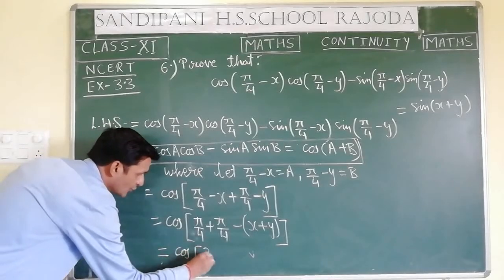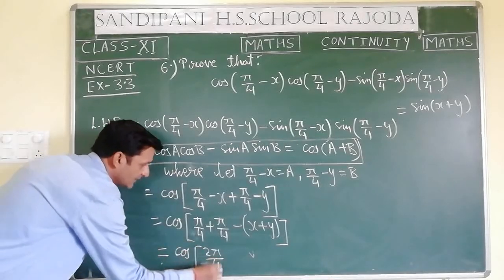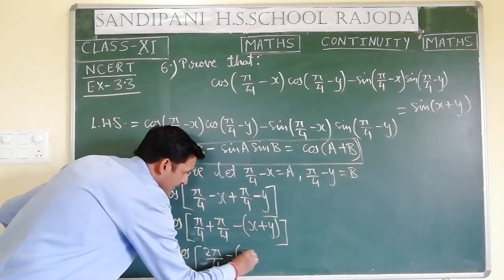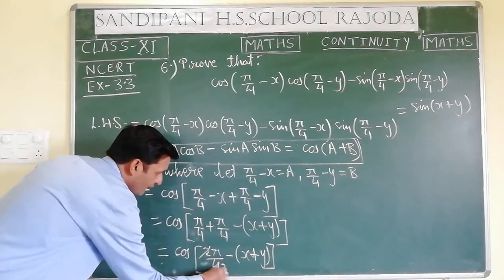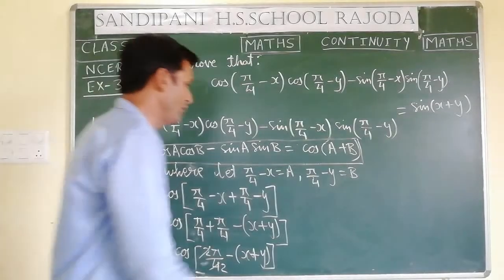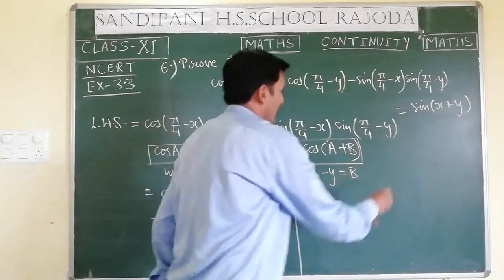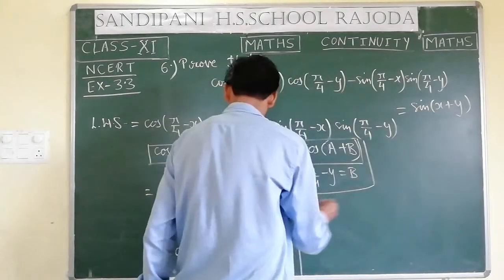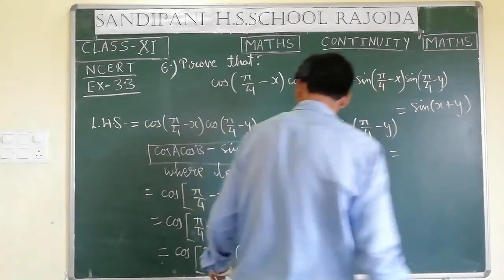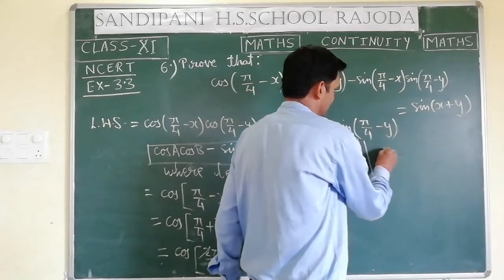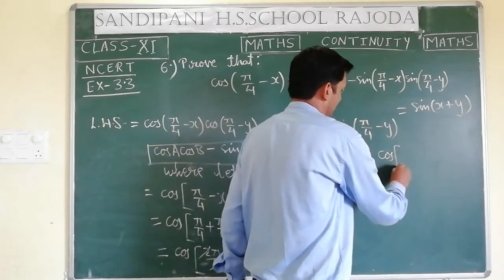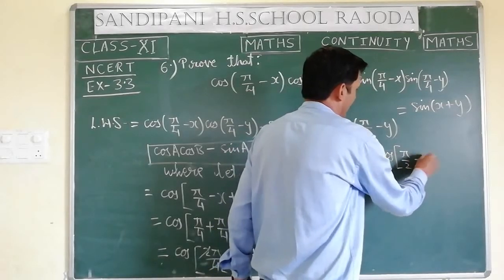So 2 pi by 4 minus x plus y. So 2 2s are 4. So now we may write that it is equal to cos 90 minus x plus y.